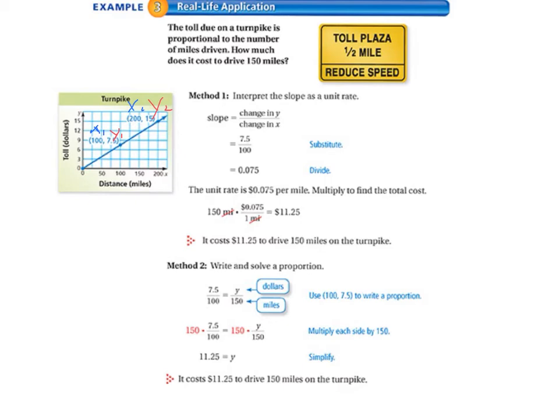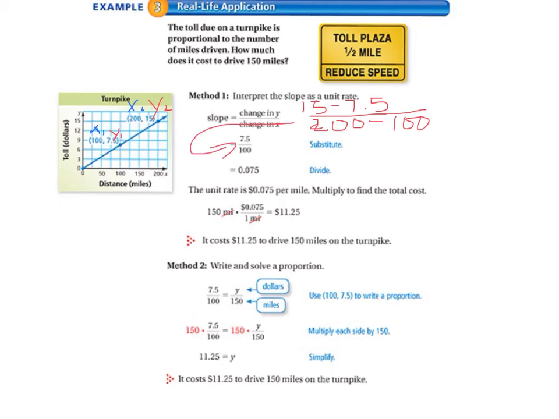So when we substitute that, we have the change in y, so they have actually 15 minus 7.5 over the change in x, which is 200, sorry about that, 200 minus 100, and that is where they got their 7.5 over 100.